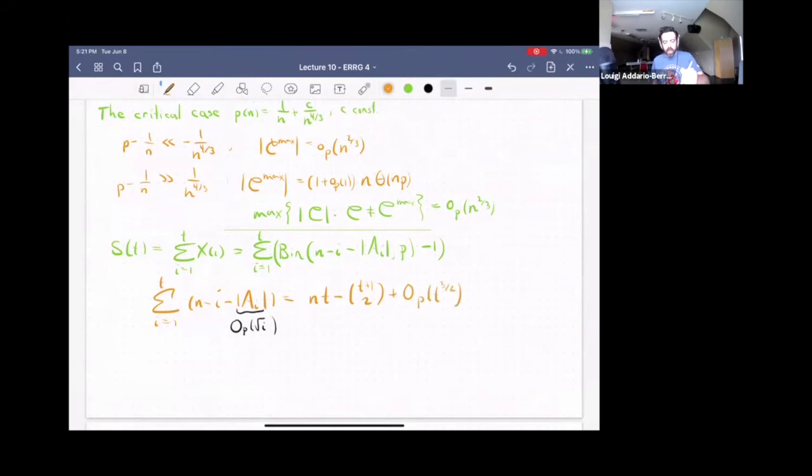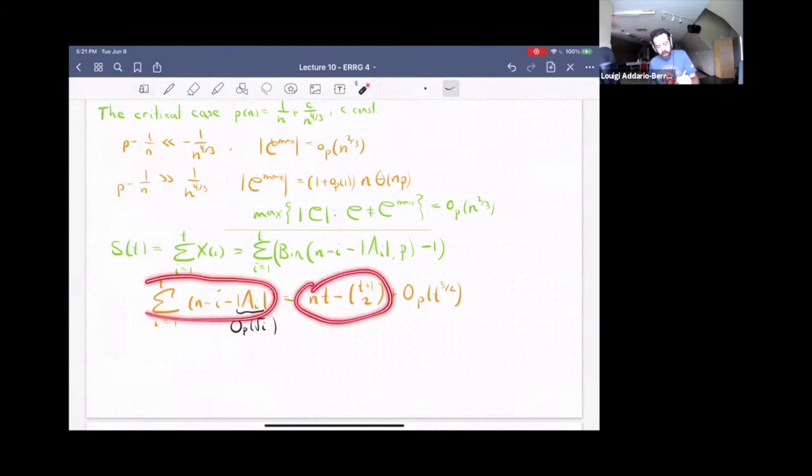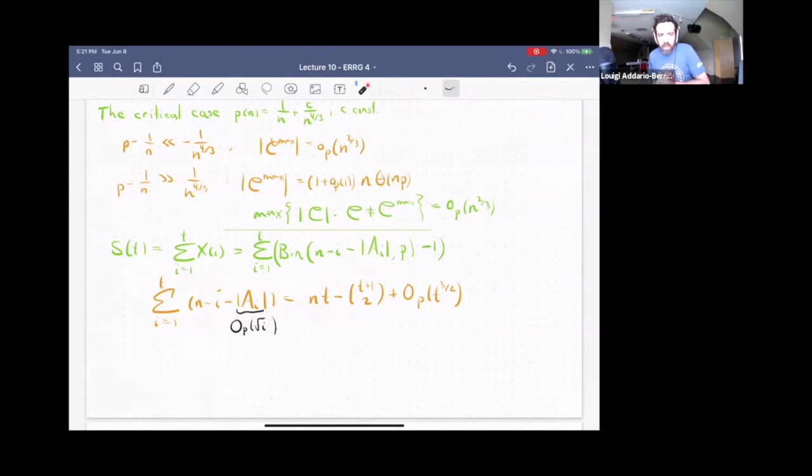So to a first approximation, the dominant contribution to this sum will come from the first two terms in this expression. Okay, so let's think about what that says about the fluctuations of S.